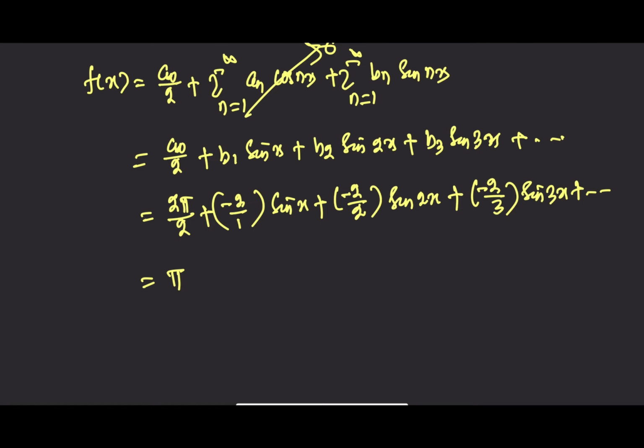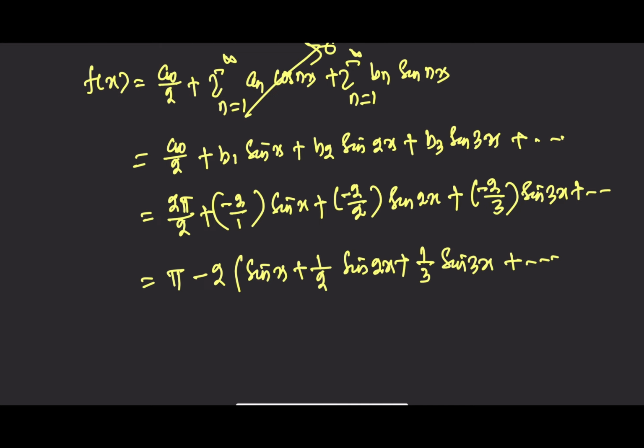Take minus 2 common, we get this is the Fourier series expansion of the function.